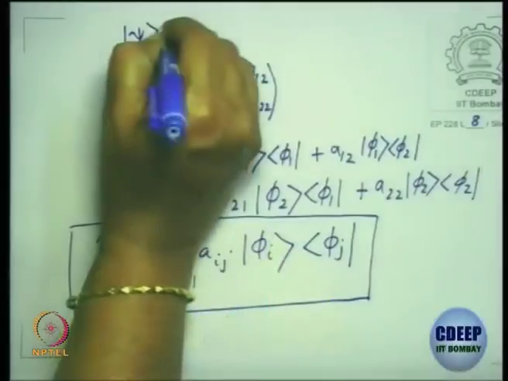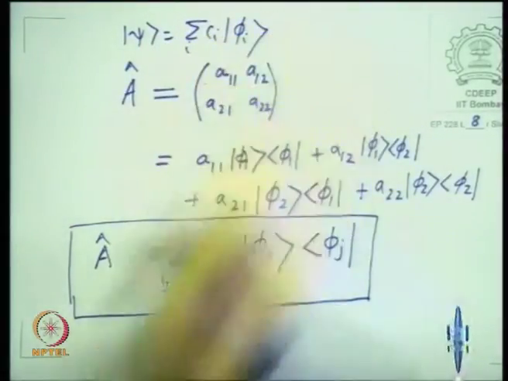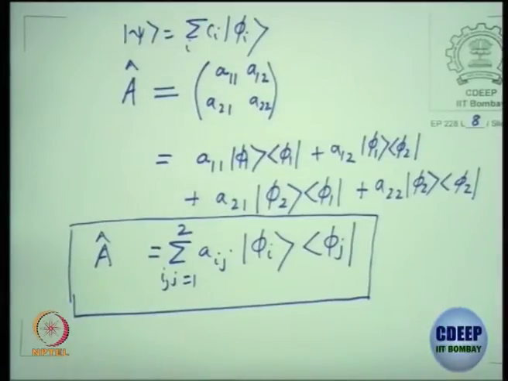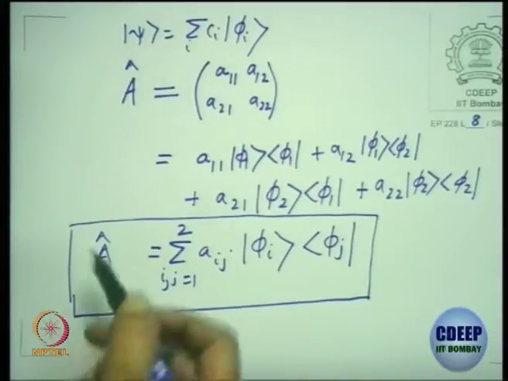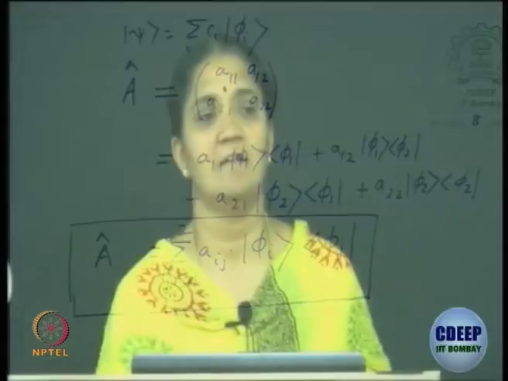So, just like we wrote a state psi as summation over i of Ci phi i, we can write any operator. This operator could be the position operator, momentum operator, angular momentum operator, all possible. By operator I mean anything which you see as an observable.